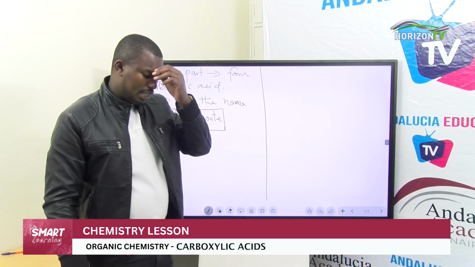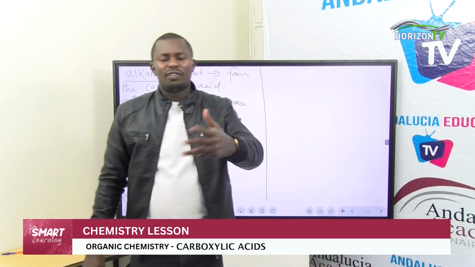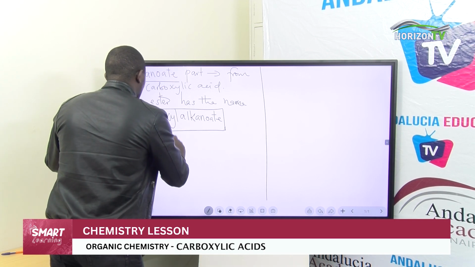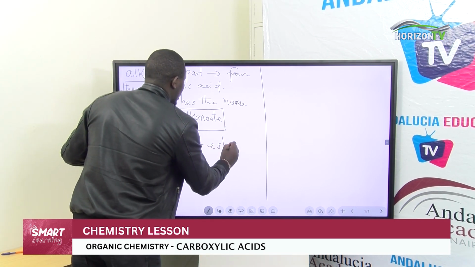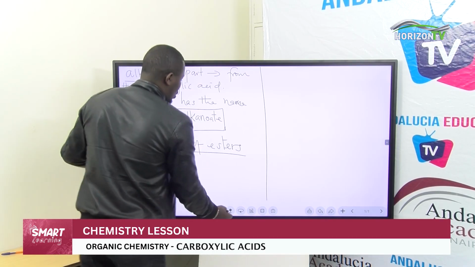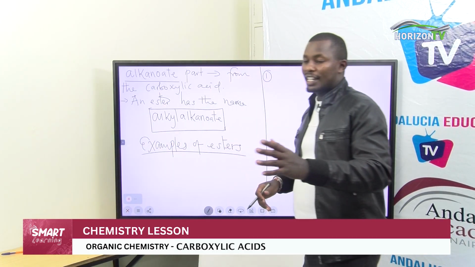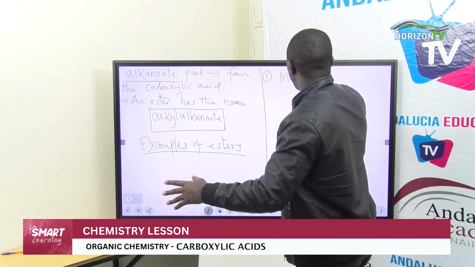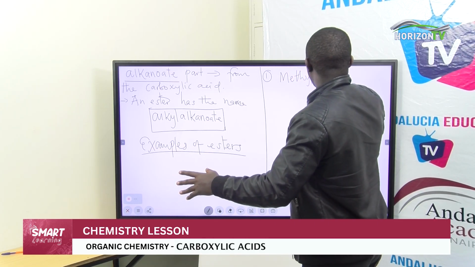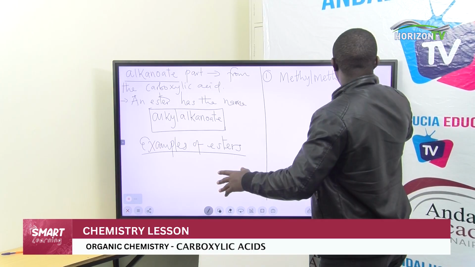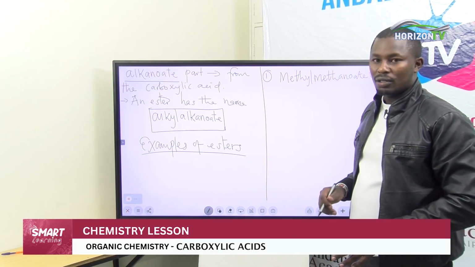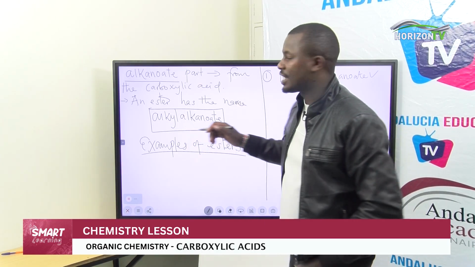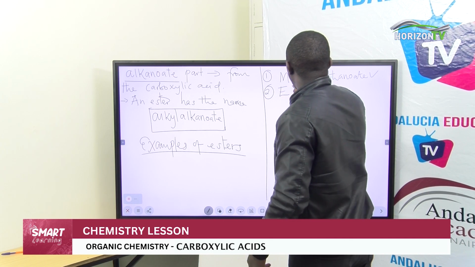I'll give an example of an ester. Examples of esters. So we can have an ester by the name methyl methanoate. We can have an ester by the name ethyl propanoate.